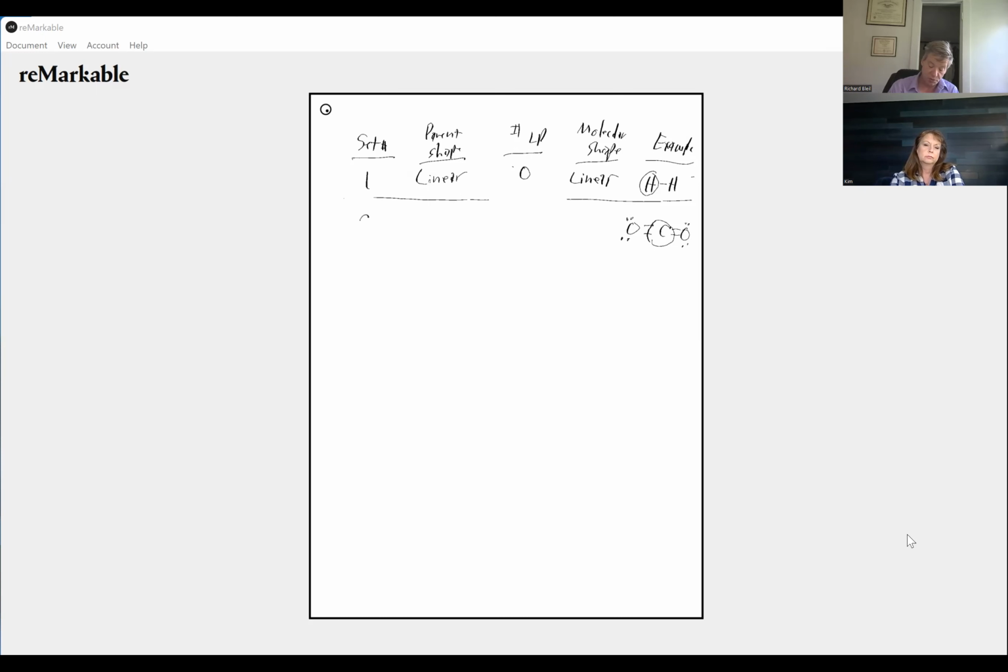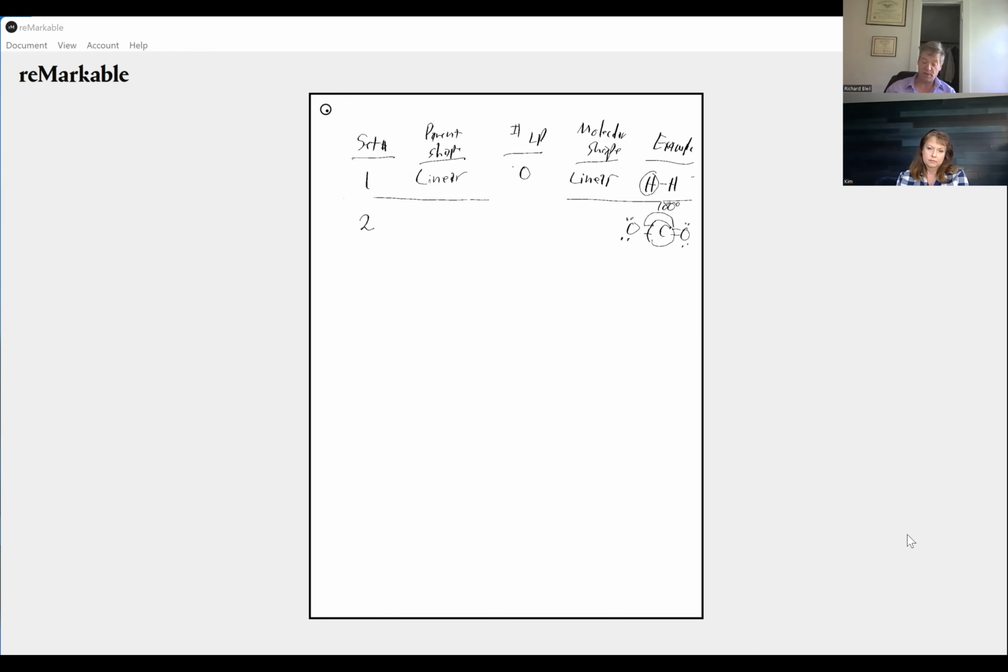How can the two oxygens get as far apart from each other as possible? Well, if they're at an angle, they're closer than they need to be. To get them as far apart as possible, we want this angle right here to be 180 degrees.